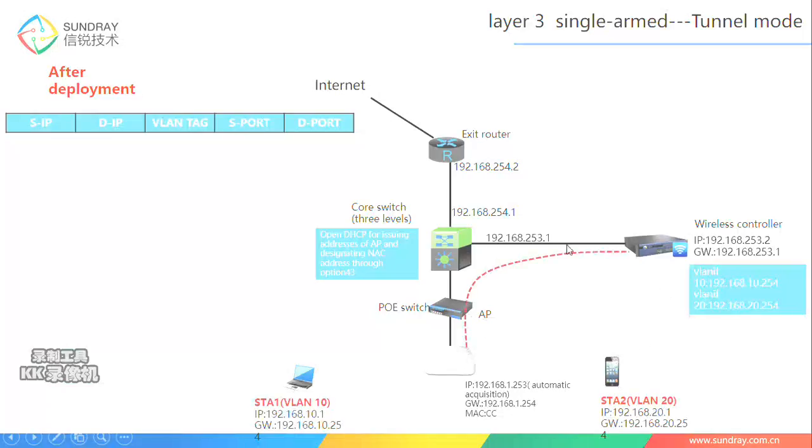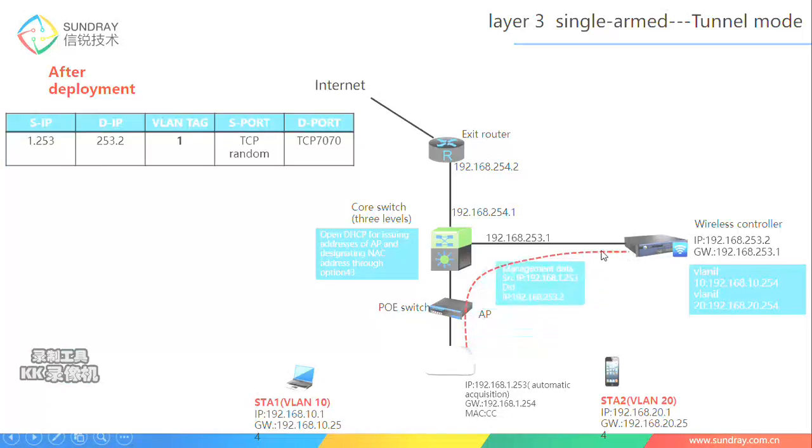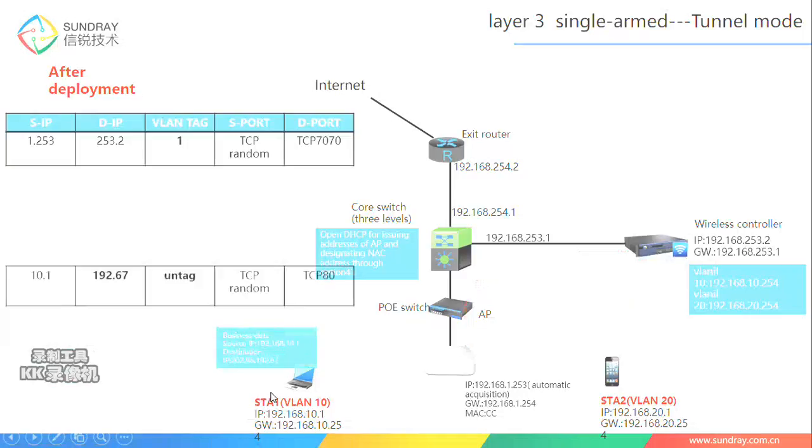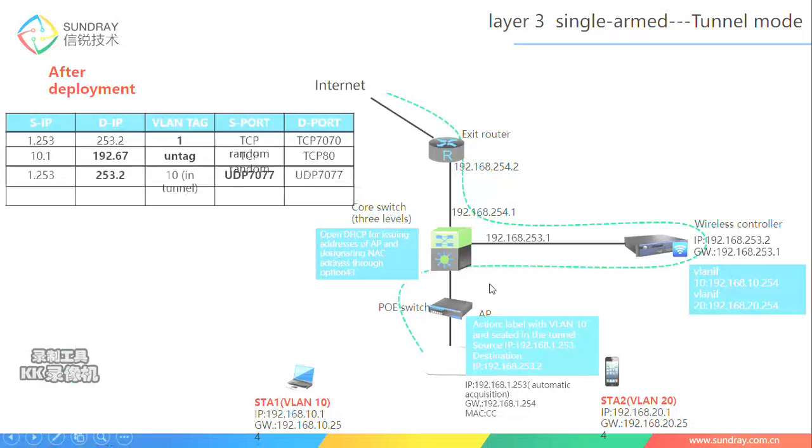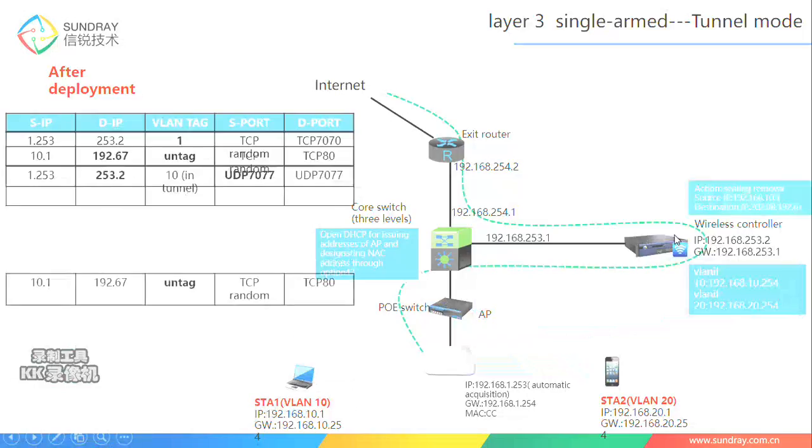This is the control tunnel from the AP to the controller, and then this is the internet data from the station: first it goes to the access point, and the access point tunnels it to the controller, and the controller then sends the data to the internet.